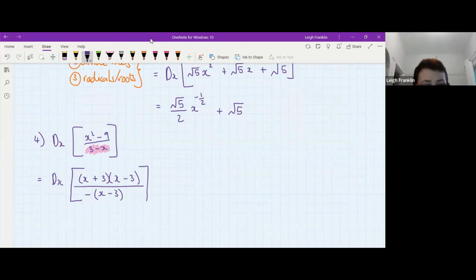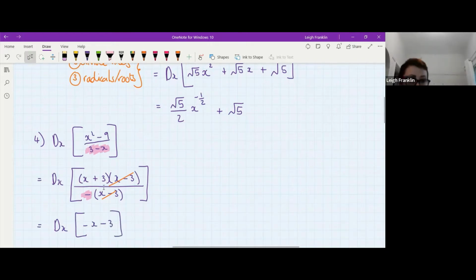Now that I have done that, I can cancel something at the top with something at the bottom. Don't forget about this negative hanging around in the denominator. You are taking x plus 3 and dividing it by -1, so that is going to give us -x minus 3.